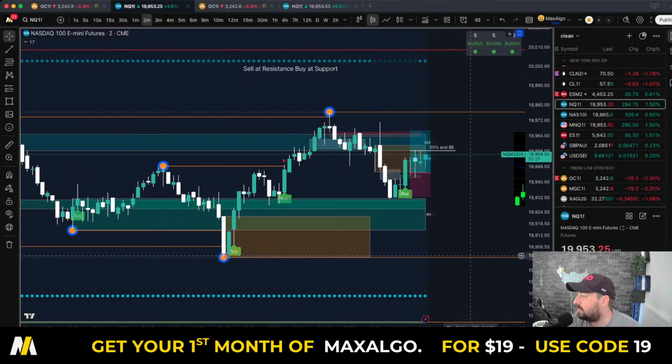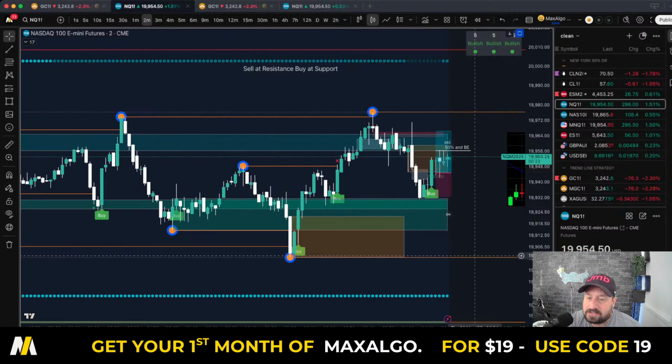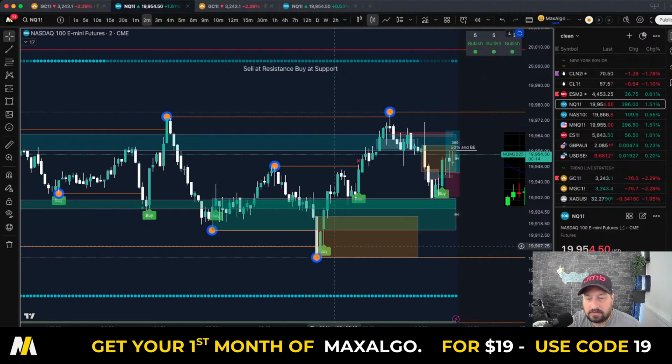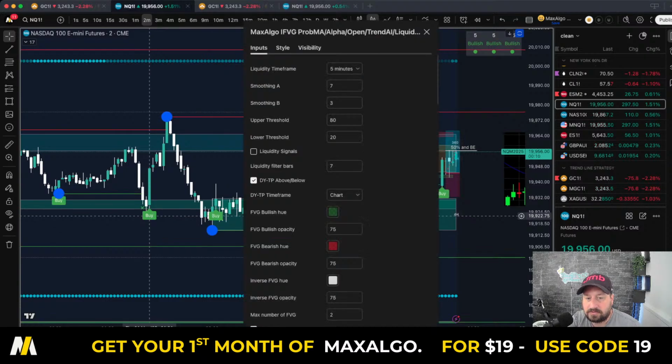Some cracking trades on the liquidity this morning. Yeah, because we range a lot in the morning. A lot of the time we have these ranging days. Liquidity works incredible on the ranging days. So this is using the alpha box signals.